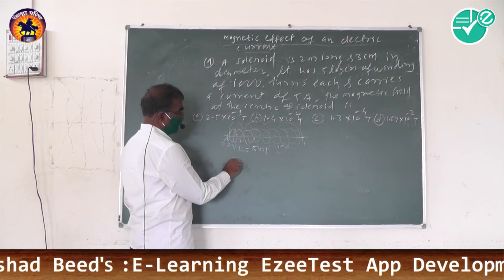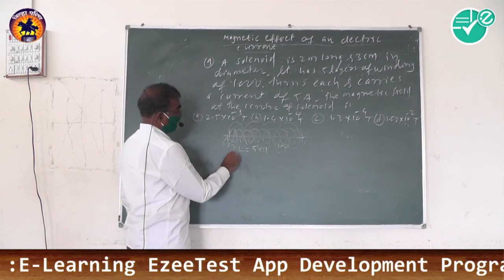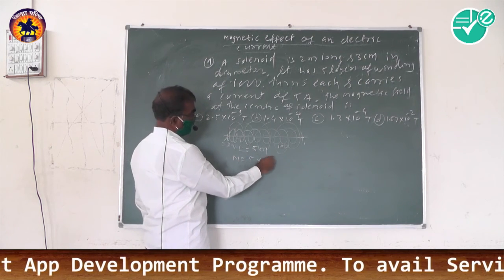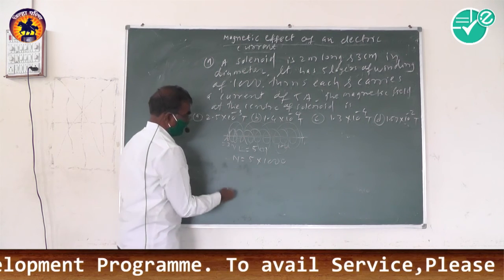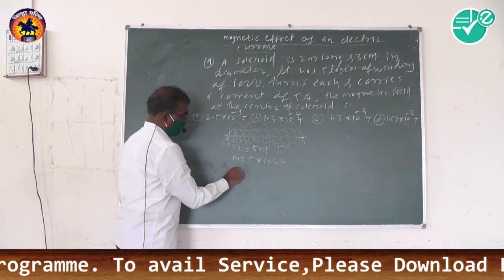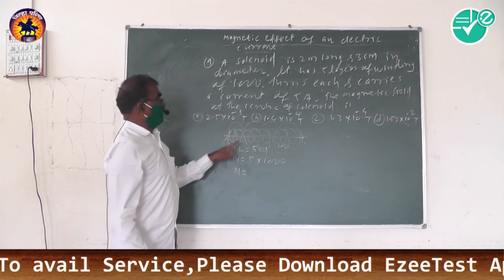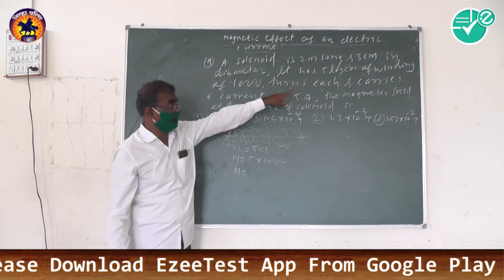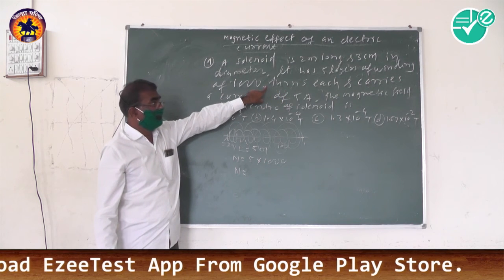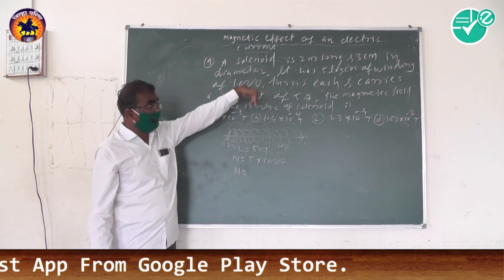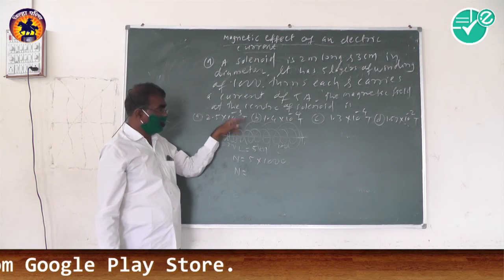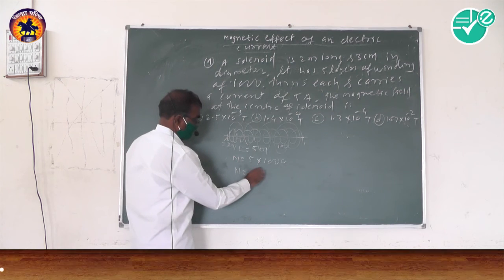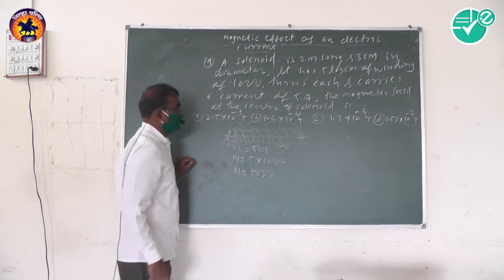Therefore, the total number of turns is N equal to 5 into 1000. In one layer of the solenoid it contains 1000 turns, and it has 5 layers of winding. It means that the total number of turns is 5 into 1000, that is 5000 turns.